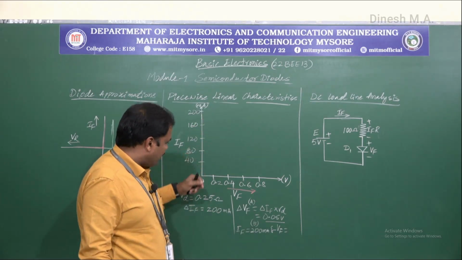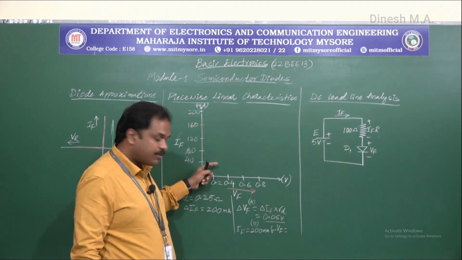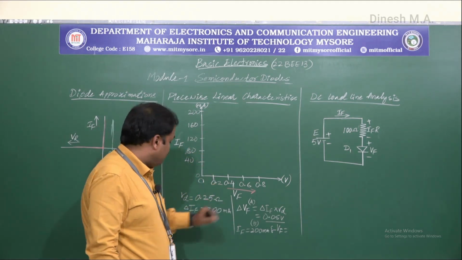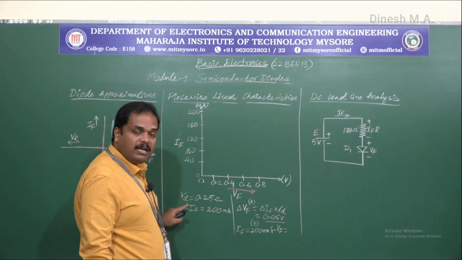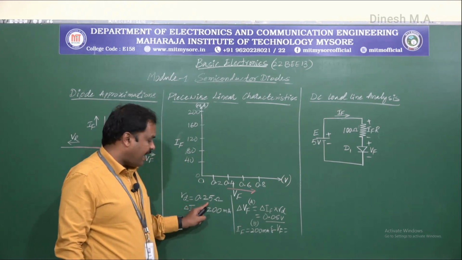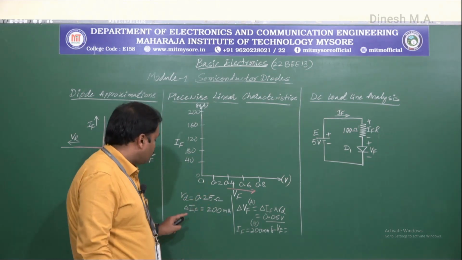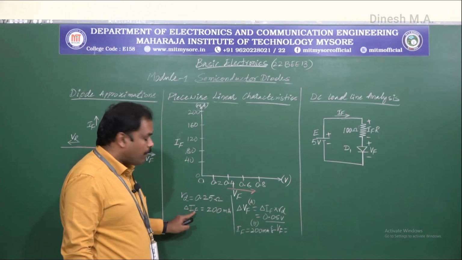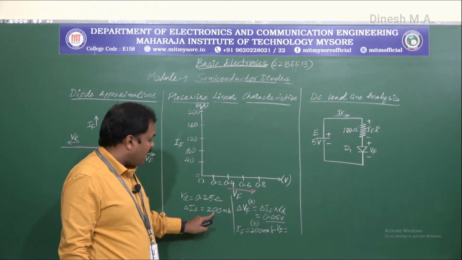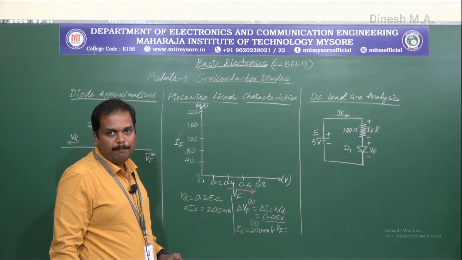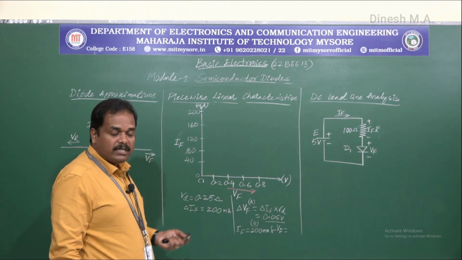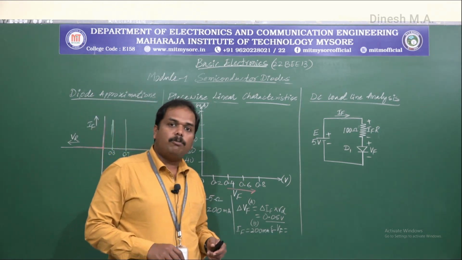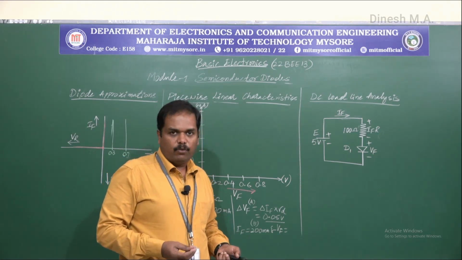So in order to do that, let us understand this with the help of an example where the dynamic resistance is specified as 0.25 ohms and the maximum forward current is specified as 200 milliamperes. And we know for a silicon diode the forward voltage drop is 0.7 volts, right?